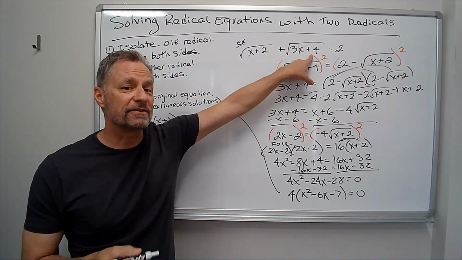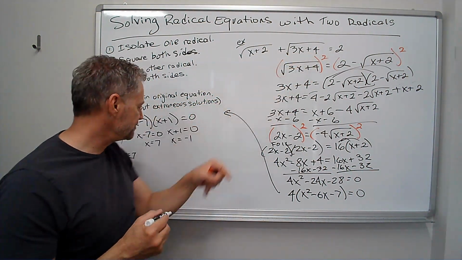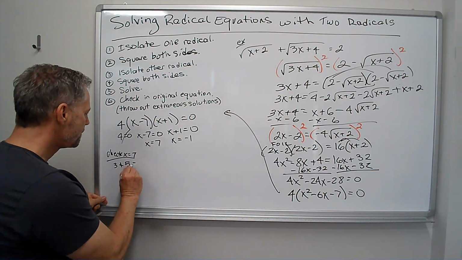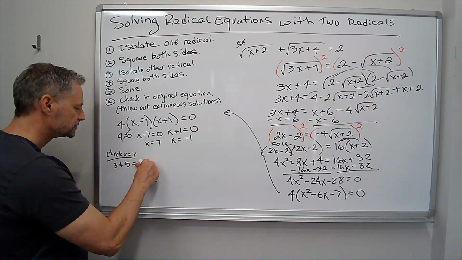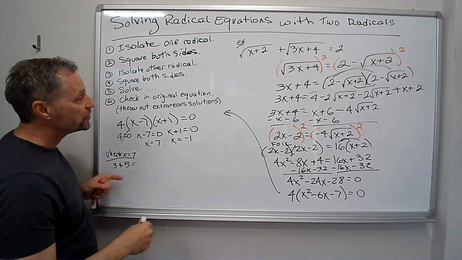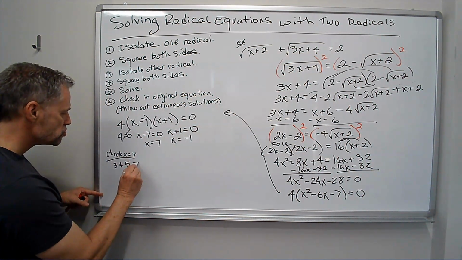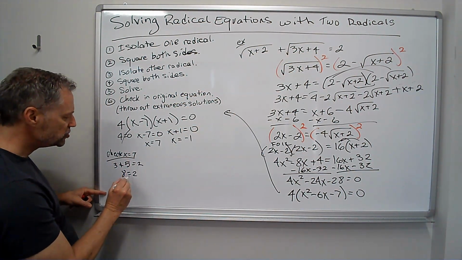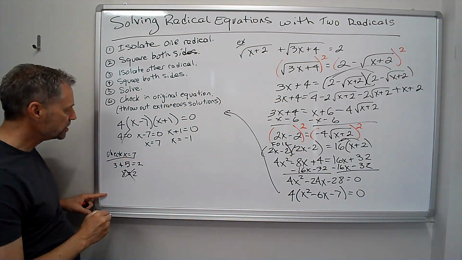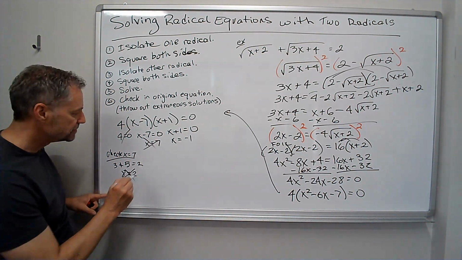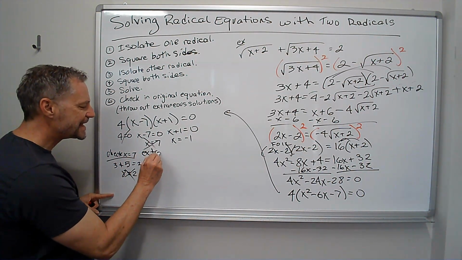Plus 4 is 25. The square root of 25 is 5. And so then I get 3 plus 5 equals 2. But that's 8 equals 2, which doesn't work. So 7 is an extraneous solution. I can't use it.